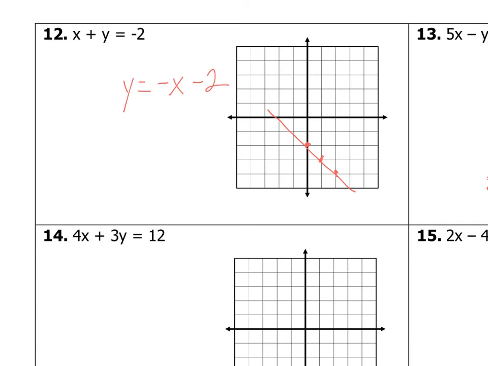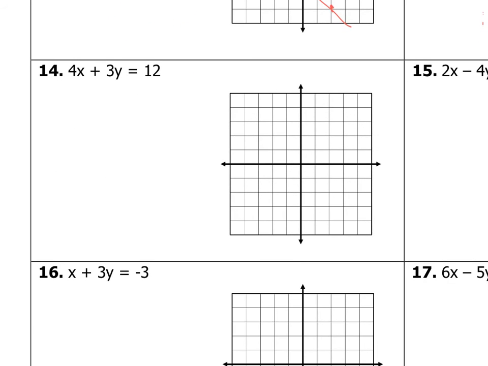Okay, let's do 14. Again, I'll do a couple more with you, and then I'll show you what all of these turn out to be. It'll be a miracle. It'll be super awesome. So 3y, we're going to subtract 4x. Subtract 4x, 12. What is going on for x? Need to divide by 3.